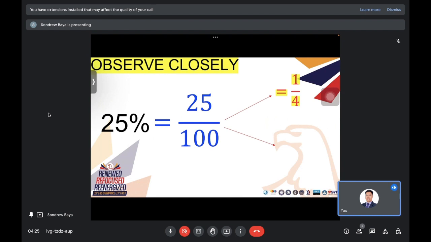Now for the decimal, remember here, 25 over 100 is the same as 25 divided by 100. Please recall in the previous video, if you divide by a number greater than 1, will the value become smaller or bigger? Smaller. So remember when we multiply by 10 and 100, we're just moving the decimal.